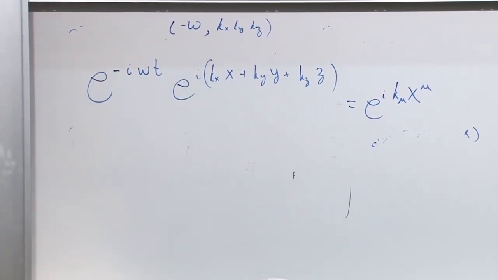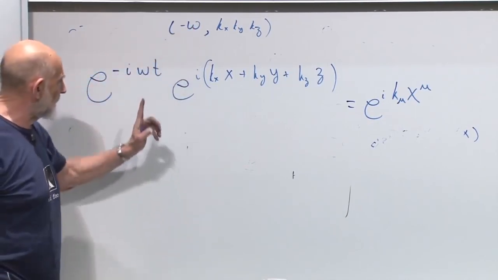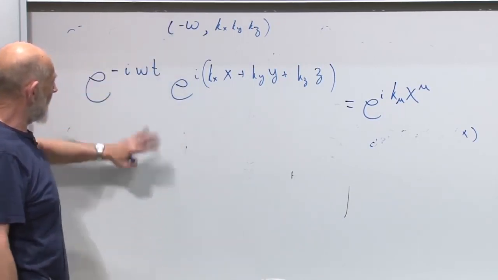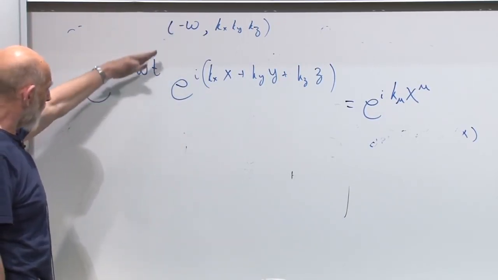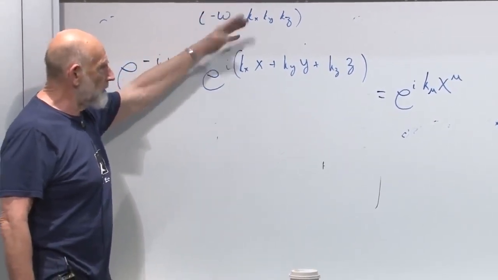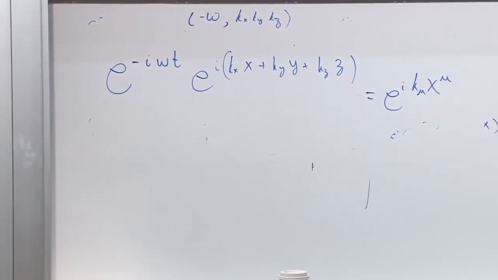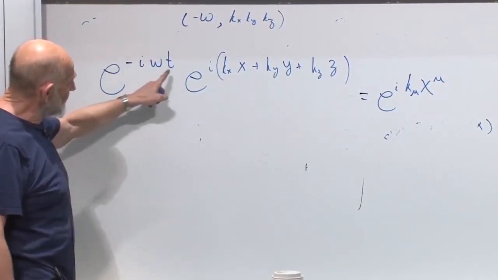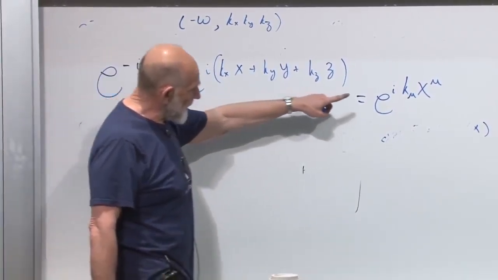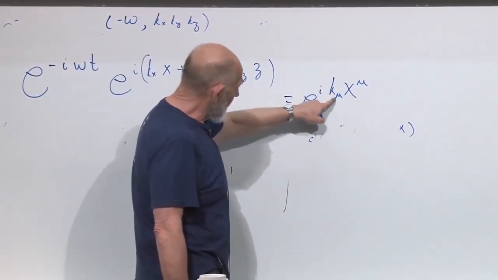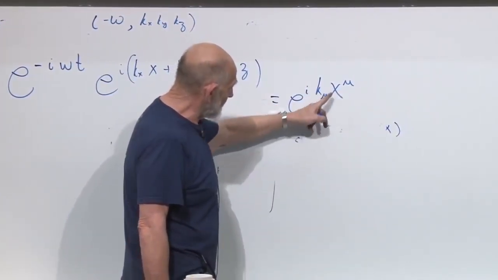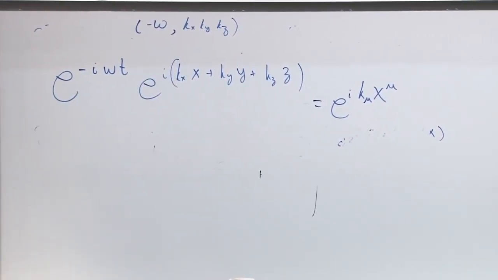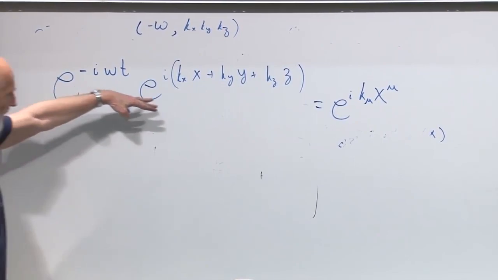If we think of the 4 components of things involving omega, kx, ky, and kz, and group them together in this form, think of them for the moment, they are actually a 4 vector, but think of them as defining a 4 vector. Then what's up in the exponent here is just k mu x mu. Time component omega times t, x component of k times x. So it's a nice little notation, but I'm not going to use it now. I'm just going to use it in this form here.